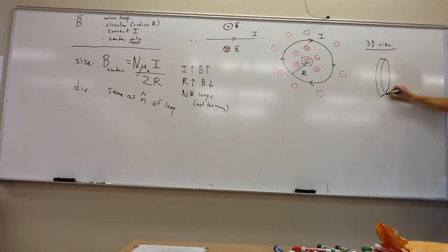And that's my attempt to make it clear which side is more toward you and which one's not. You see what I'm trying to do there? A little bit of 3D perspective. That's better. Okay. So the current's going to go down like this, and it's going to flow up this side. So it flows around like that.